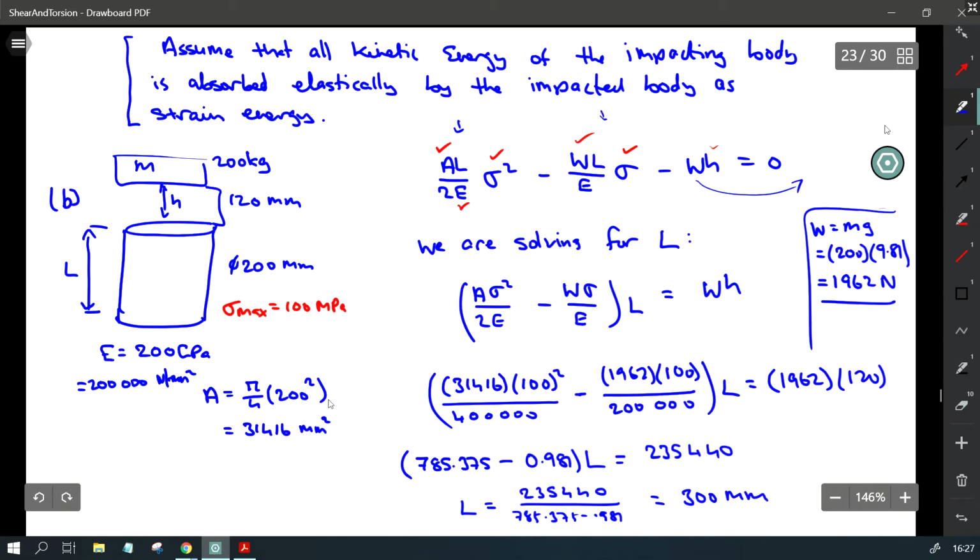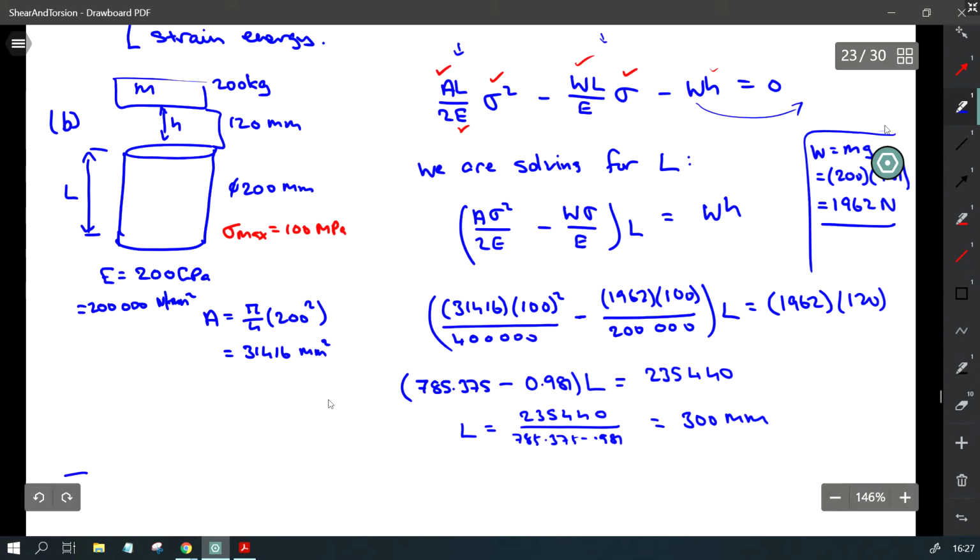So the column, to keep the stress below 100 megapascals, must be 300 millimeters height.